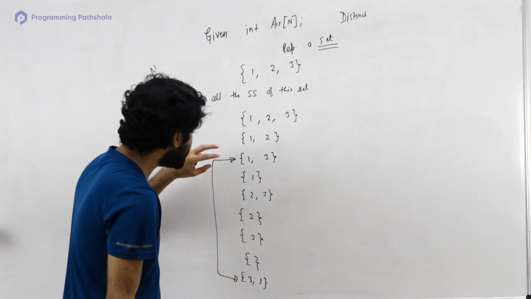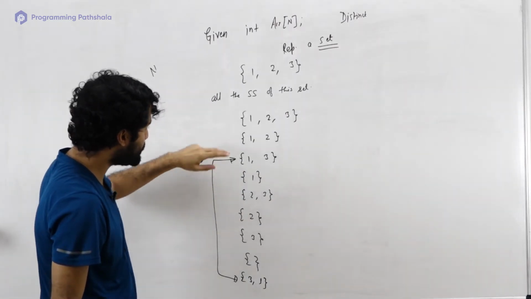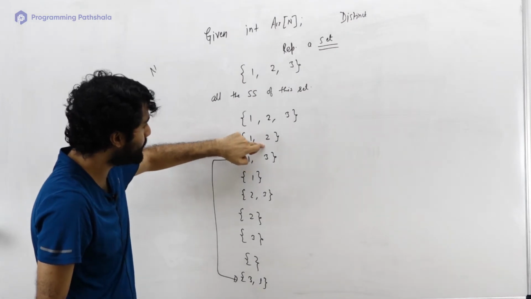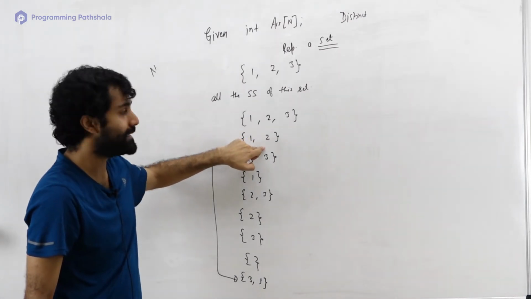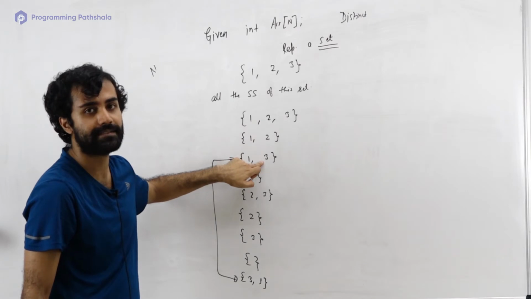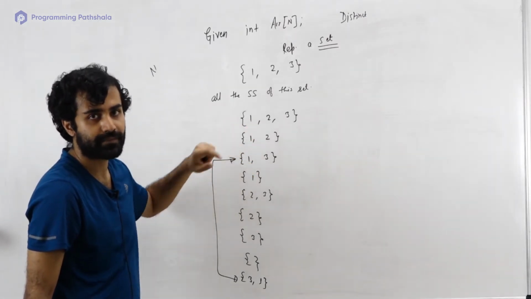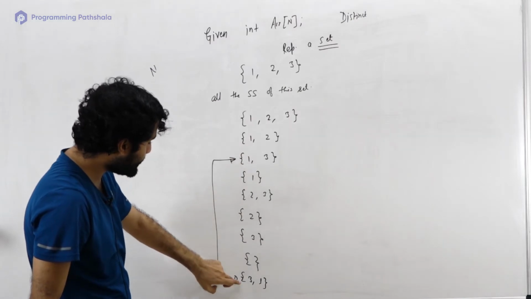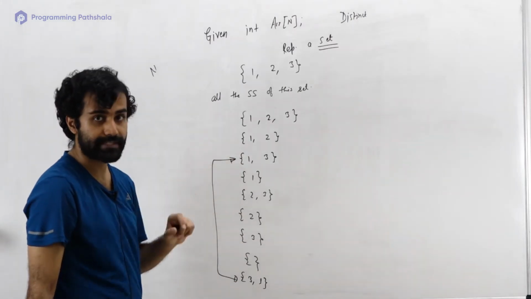So two subsets would be different from each other, let's say 1, 2 and 1, 3, if at least one element exists here and does not exist there, and vice versa. But in case of this and this, they are nothing but permutations of each other. You understand permutation?